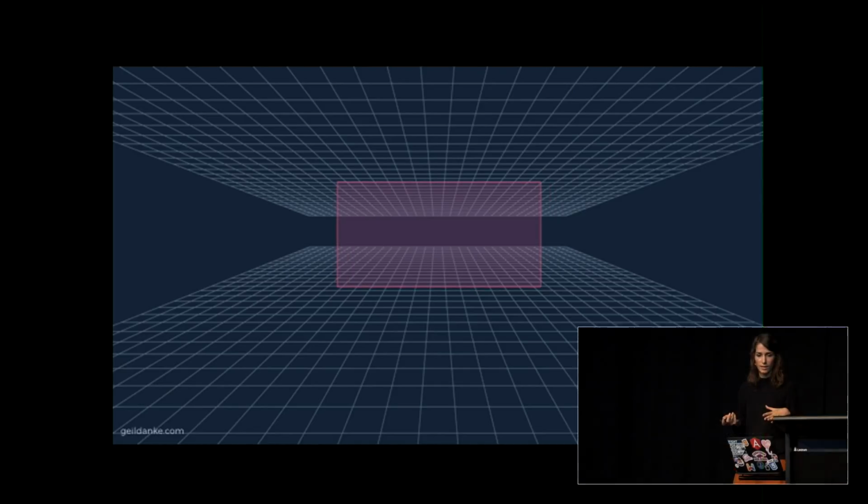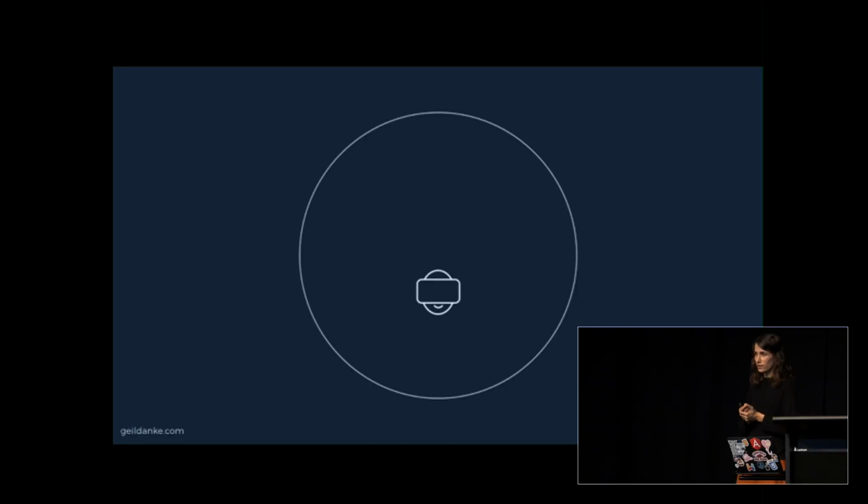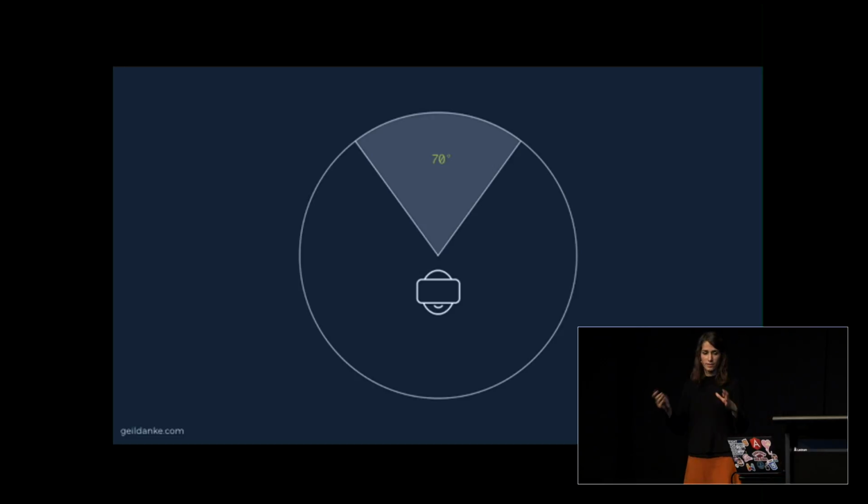Our VR application does not have a limited viewport. On the contrary, we have an infinite canvas, and the user has only a limited field of view. This field of view may change because a user can rotate her head and look around. Some smart people found out how big this field of view actually is. If a user is sitting, she can see a 70-degree circle in front of her.